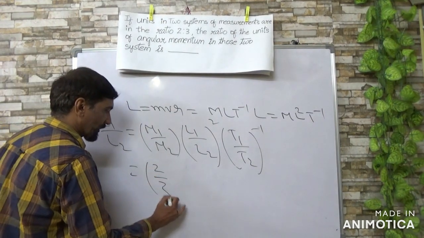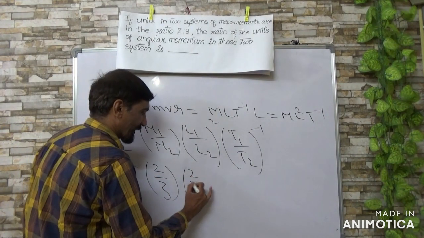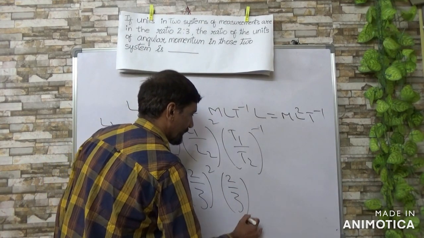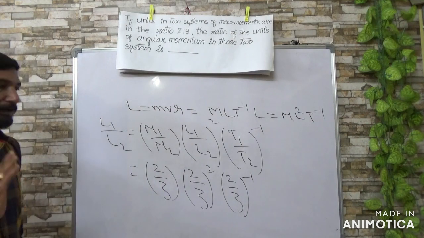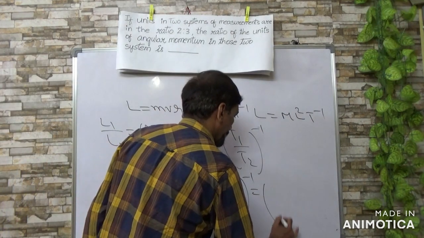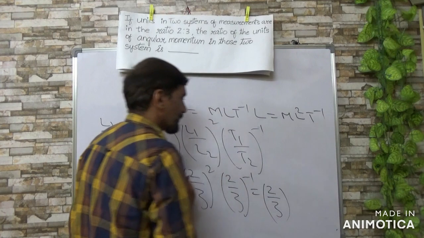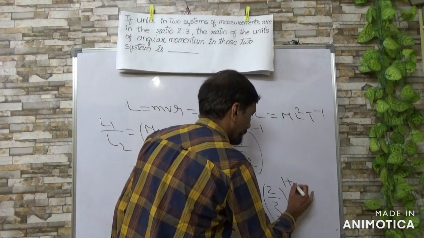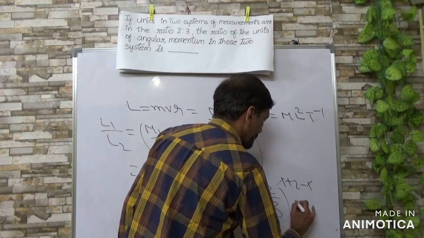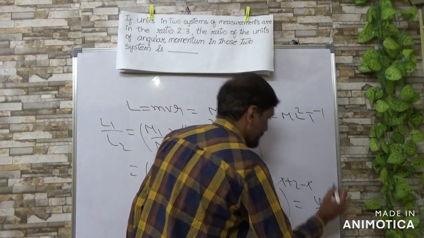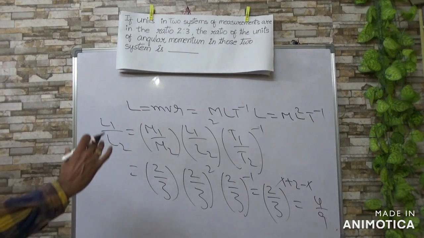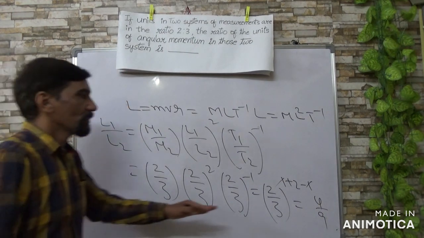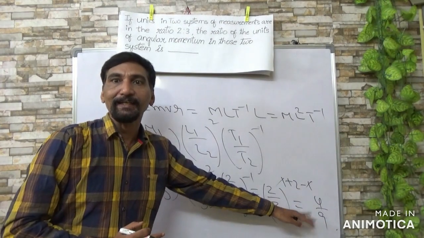So 2 by 3, 2 by 3 whole square, 2 by 3 power minus 1. Whenever bases are equal, powers are added: 1 plus 2 minus 1 gives 2, so you get 4 by 9. So the ratio of units of angular momentum in the two systems is 4:9.